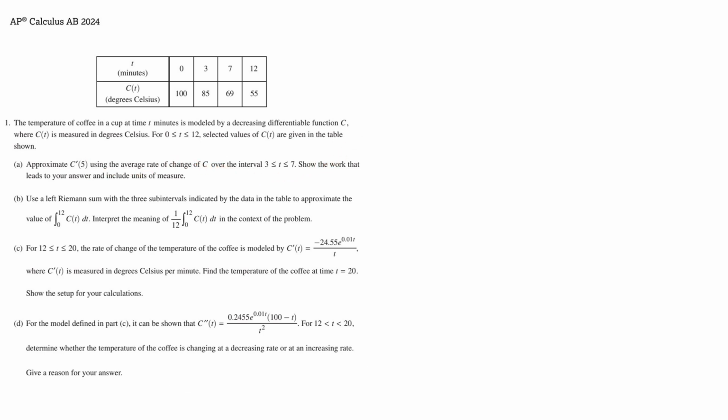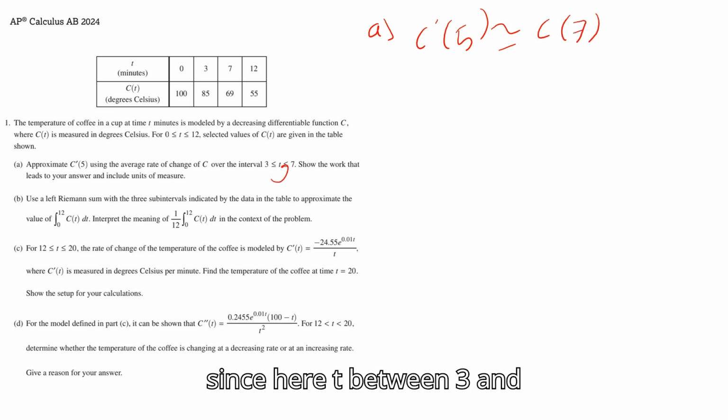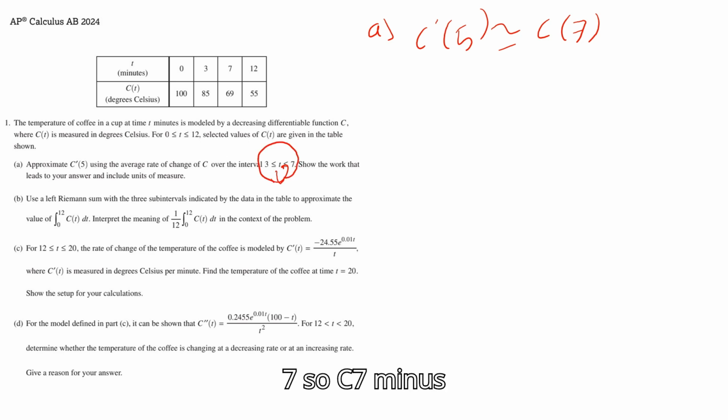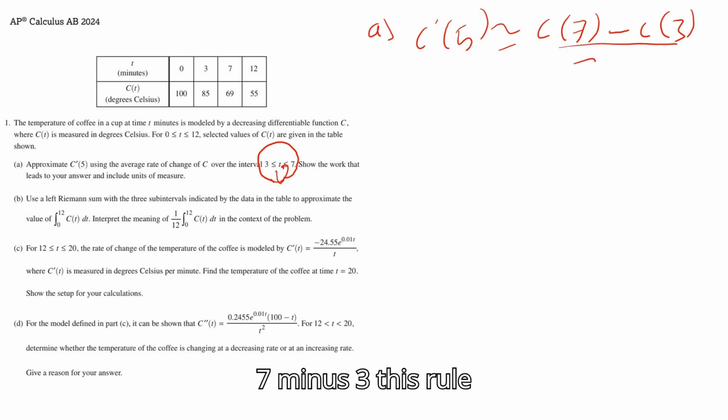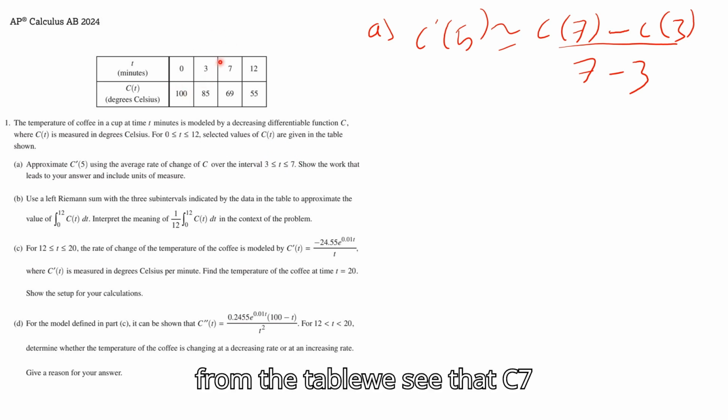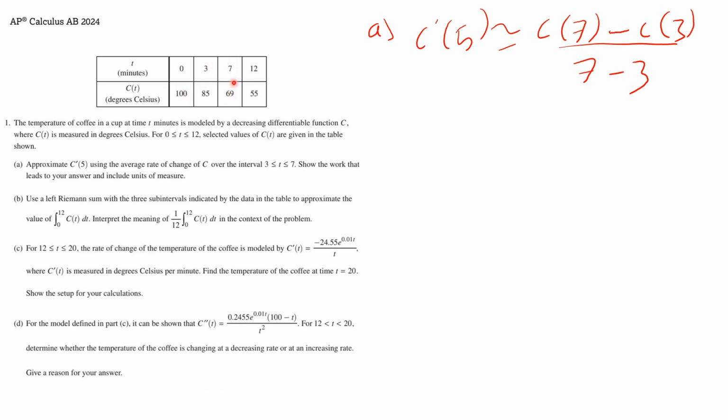So the formula for C'(5): since t is between 3 and 7, we use (C(7) minus C(3)) over (7 minus 3). From the table, we see that C(7) equals 69 and C(3) equals 85.